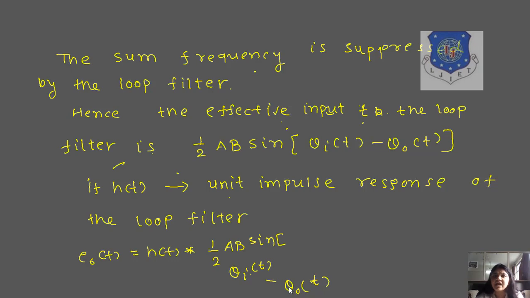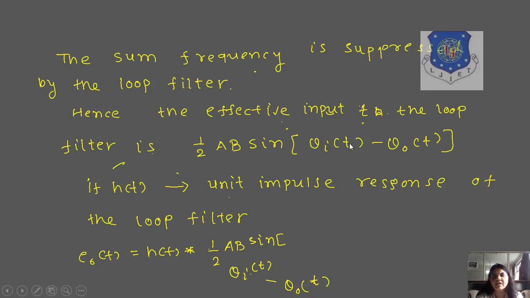Therefore, the effective input to the loop filter is 1/2 AB sin(theta i(t) minus theta 0(t)). Now if h(t) is the unit impulse response of the loop filter, then E0(t) is equal to h(t) convolved with the low frequency component, 1/2 AB sin(theta i(t) minus theta 0(t)).